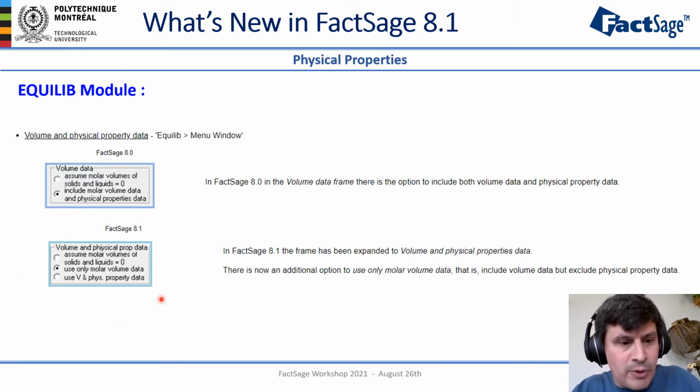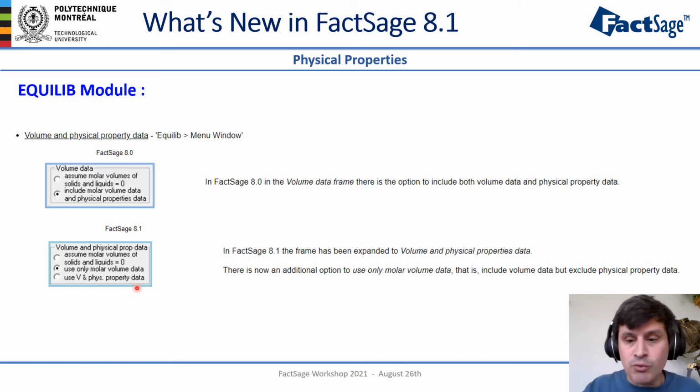Now in 8.1, you can see that 3 options are possible: compute without volumetric properties, compute only volumetric properties, or compute with volumetric properties and physical properties. Physical properties cannot be computed without volumetric properties, obviously.